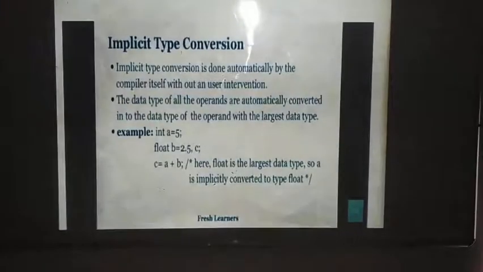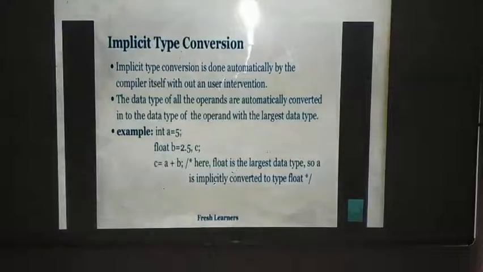What is implicit type conversion? Implicit type conversion is done automatically by the compiler itself without user intervention.